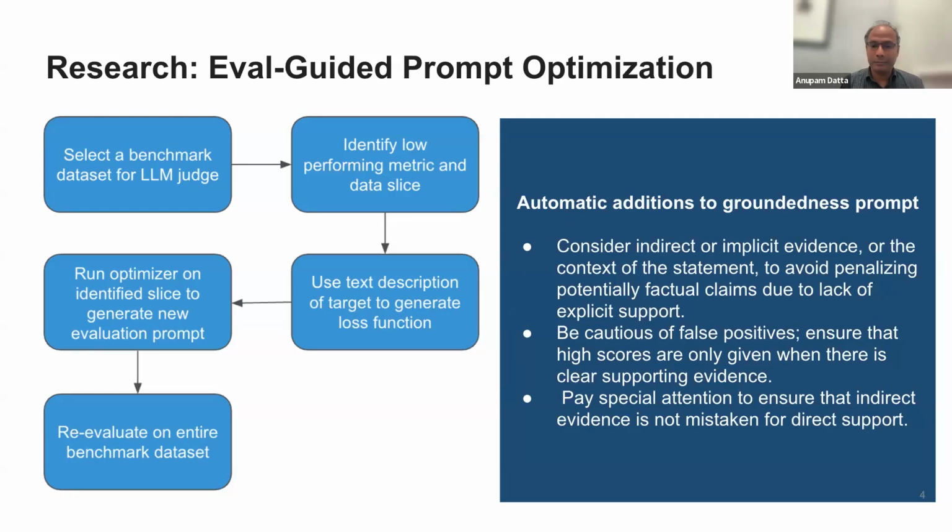And then the first and the third bullets similarly nudge the judge towards avoiding false negatives. So with these edits to the prompt, we then rerun the evaluation.